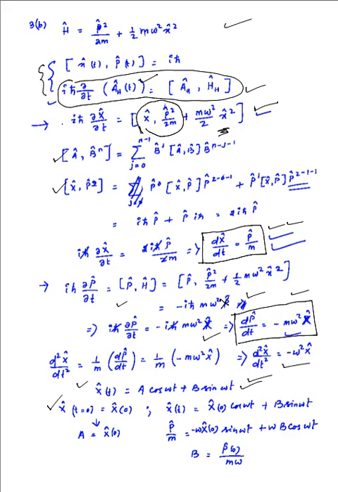Just like over here you can see i h bar, partial derivative of x with respect to t is going to give us the commutator of x with H, and remember x with H is simply H, we have extended that H in terms of p squared and m squared omega squared, because that is what the capital H is over here, the Hamiltonian. And similarly we have used that case over here as well for the momentum.